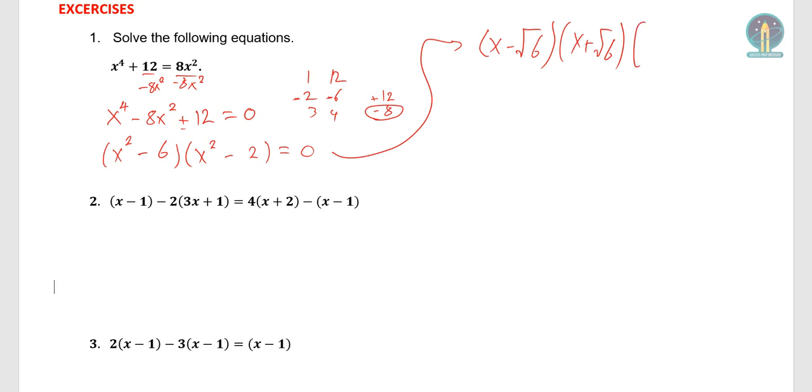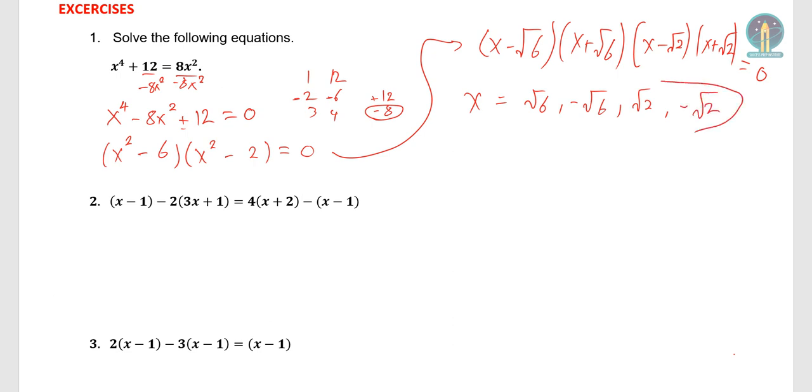And then we'll break the x squared minus 2 into x minus square root of 2, x plus square root of 2 equals 0. Okay? Which means my solution set is square root of 6, minus square root of 6, square root of 2, and minus square root of 2.